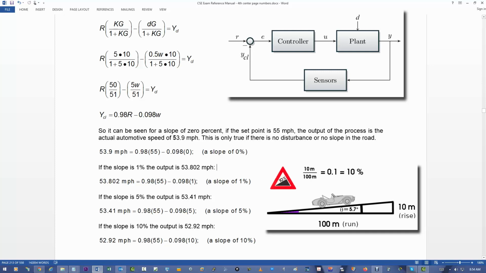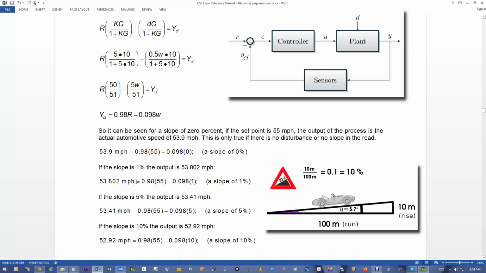So with a gain of 5, we have a speed of 53.9. We're shooting for a set point of 55, but with a gain of 5, we can only reach 53.9 miles per hour. And here's our math at a slope of 0. At a slope of 1, we get 53.802 miles per hour.